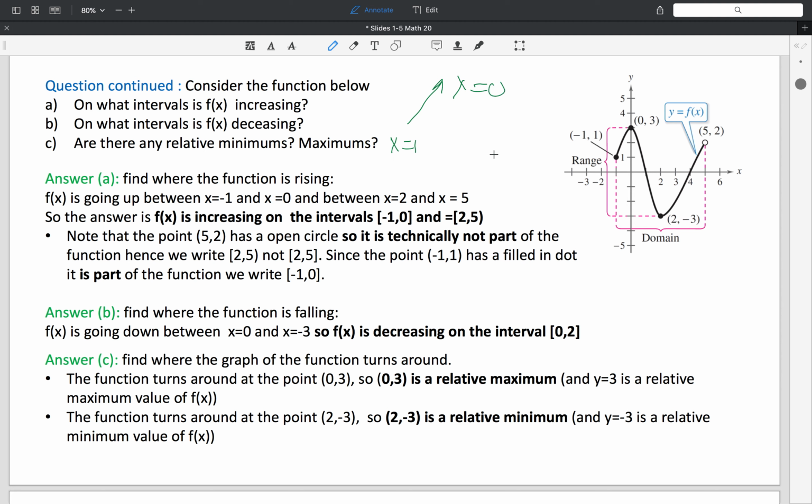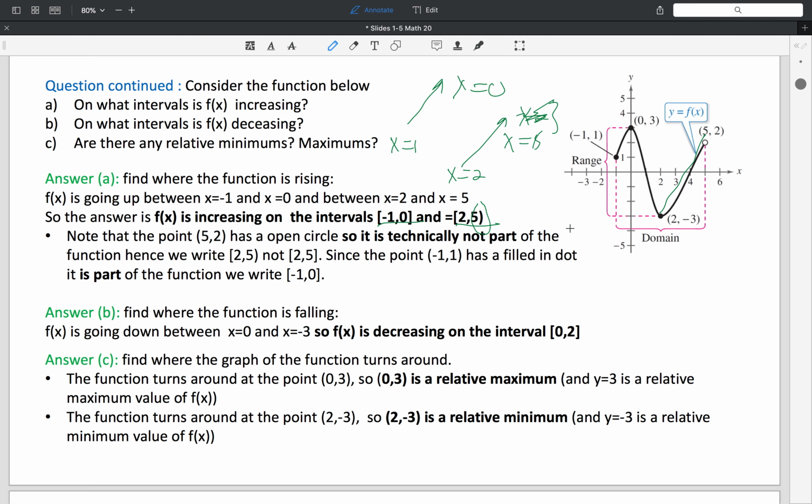And then again between x equals 2 and x equals, but not including, 5. So from here to here. So this tells me it's increasing between -1 and 0. -1 is included, and 5 is not included, so we use the parenthesis.